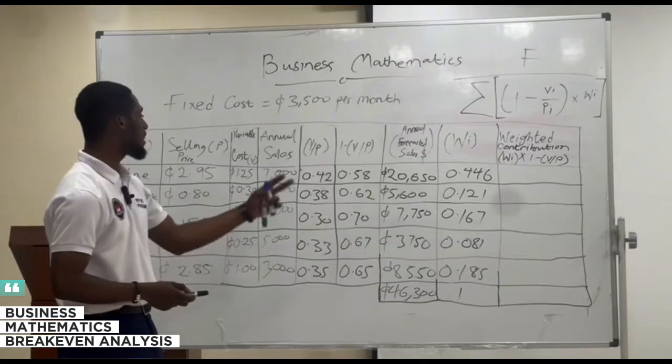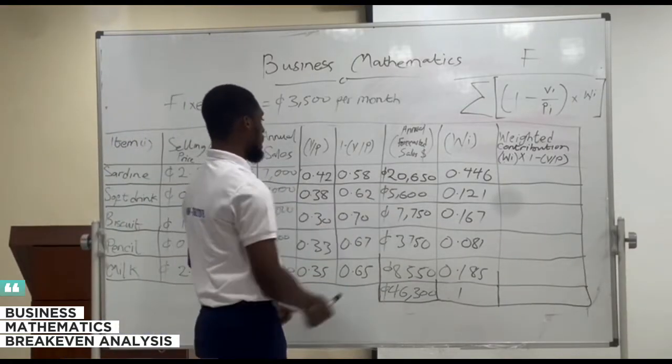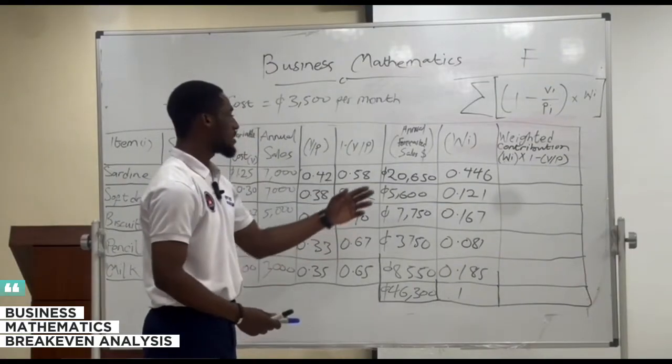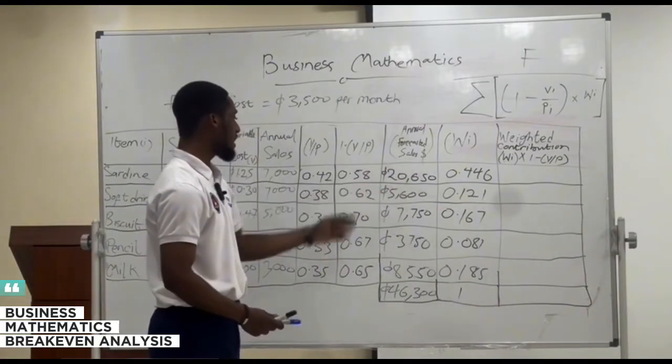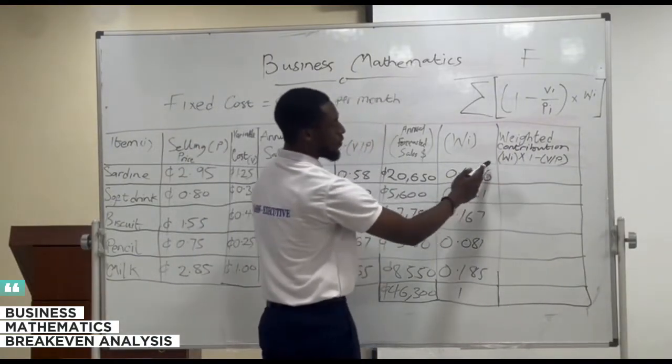When you take that of sardine, you take the 0.446 and you multiply it by the 0.58. I've made it simple here for all.